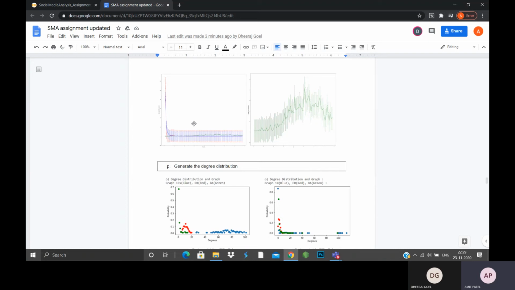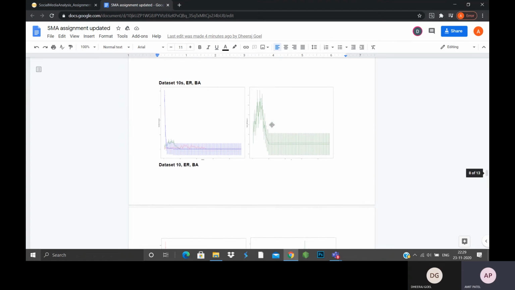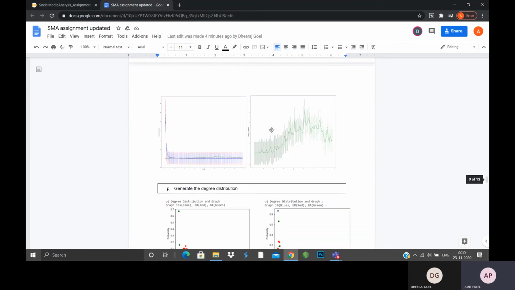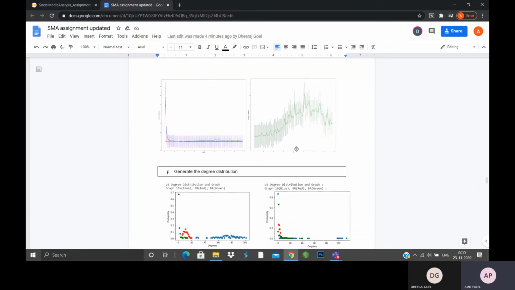We split our edge list into two different lists, starting node and ending node, and then we plotted it and calculated the standard deviation, and with this standard deviation we plotted this dispersion curve, right?